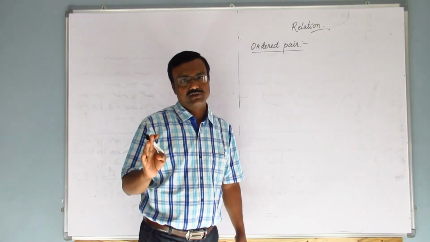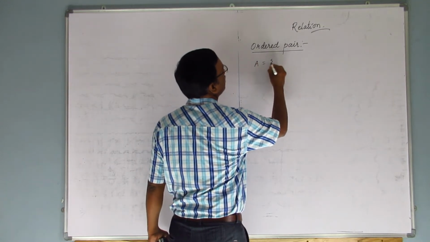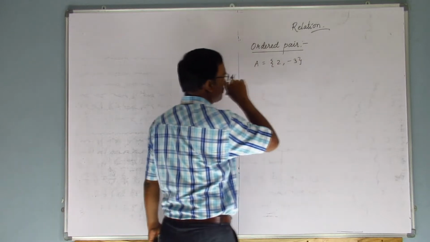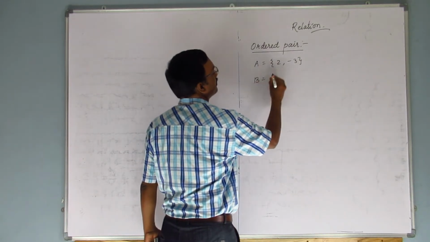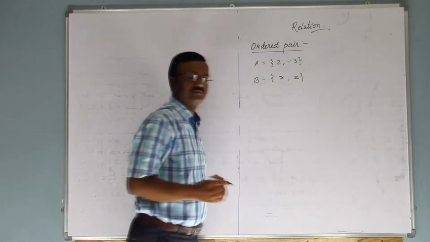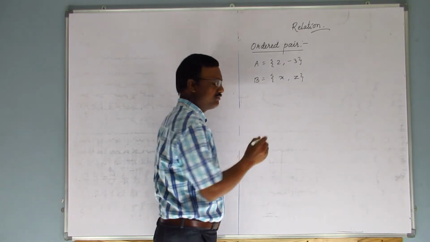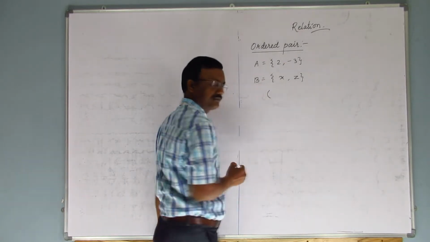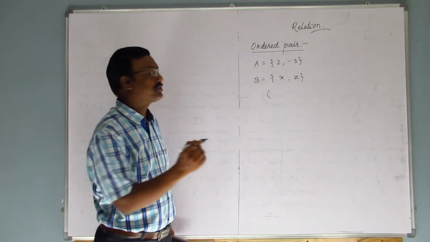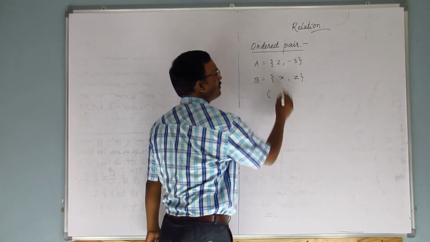Let us begin, students. So you first consider a set A having elements 2 and minus 3. Set B having elements x and z. Okay. If I decide to write the elements in pairs in such a way that the first element is chosen from A and the second element is chosen from B, like this.